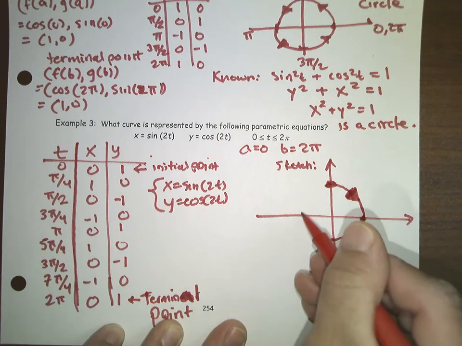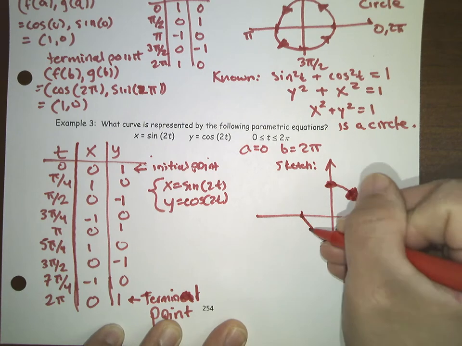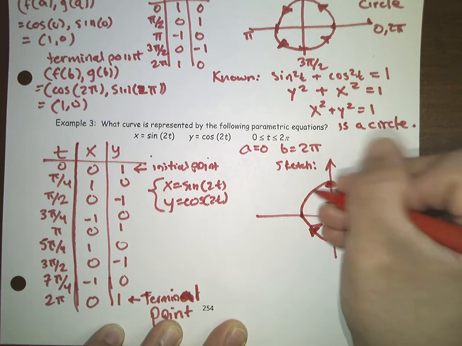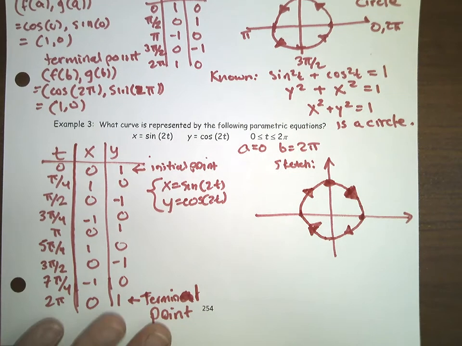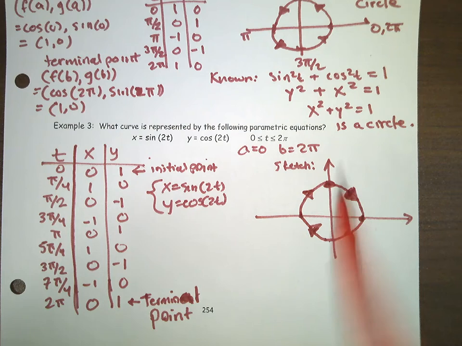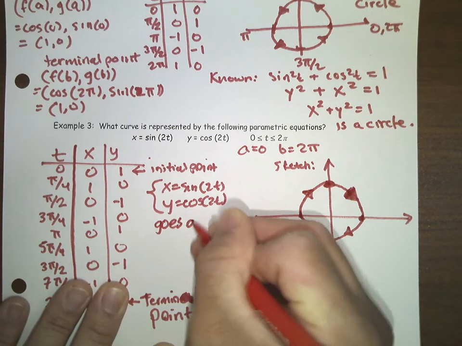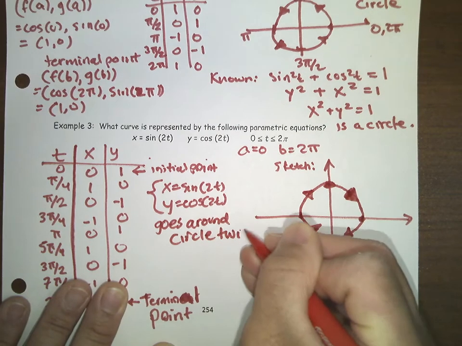Then (-1, 0), that's over here, and then back to (0, 1) again. And then I see that I go another time around. So this actually goes around the circle twice.